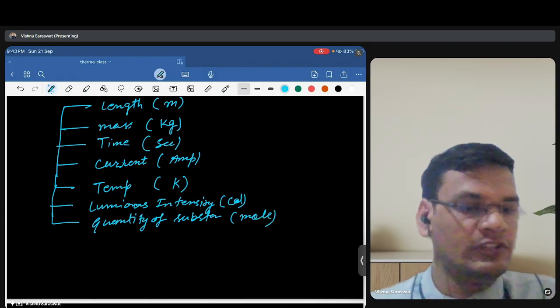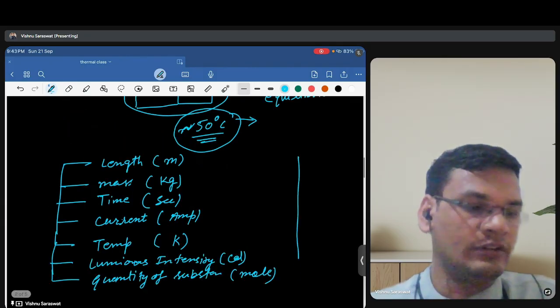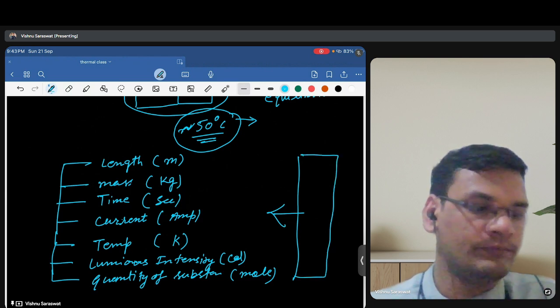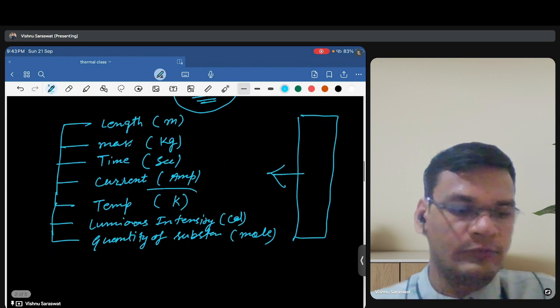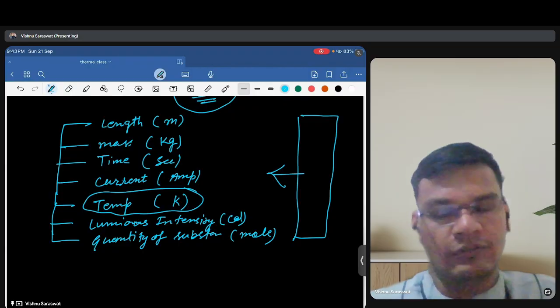Okay, these are the seven fundamental quantities as already discussed in the first unit. So temperature is one of the seven fundamental quantities.